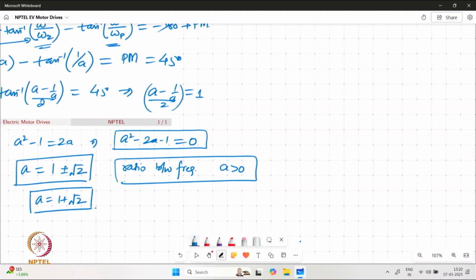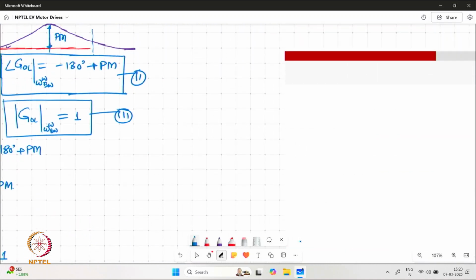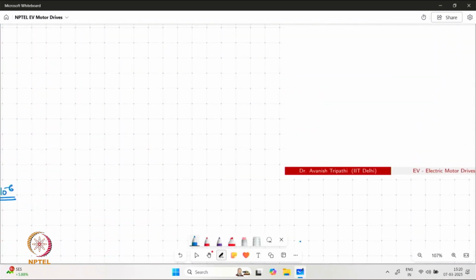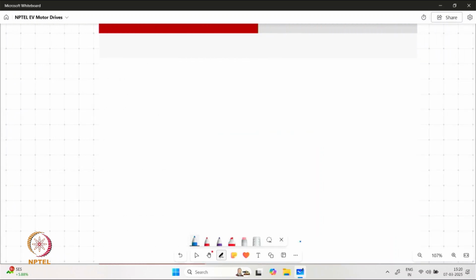Now going ahead, we can take the gain of the system and we can equate it to 1.